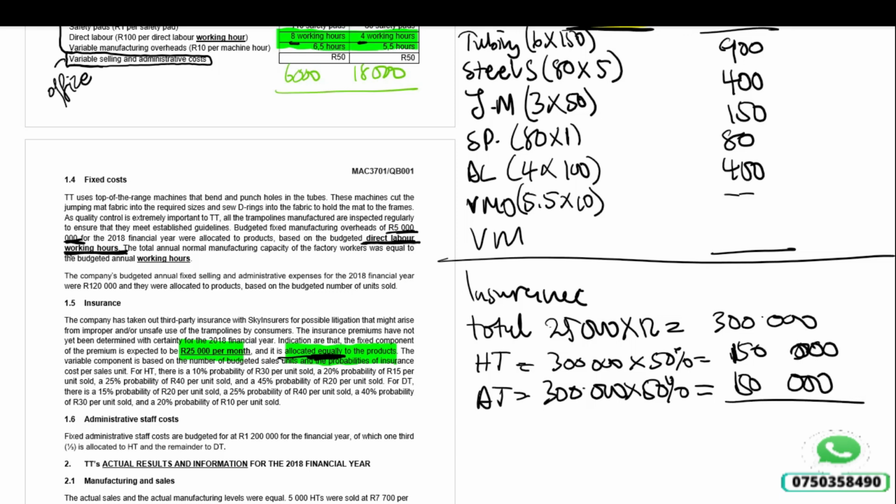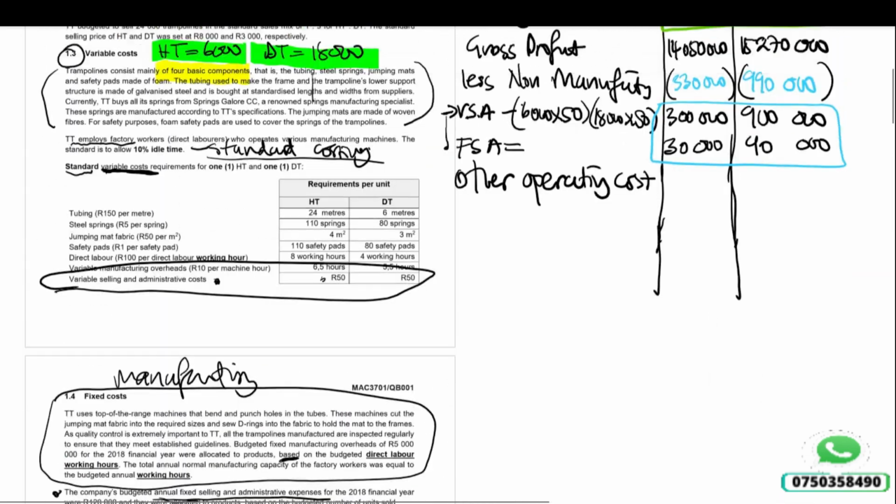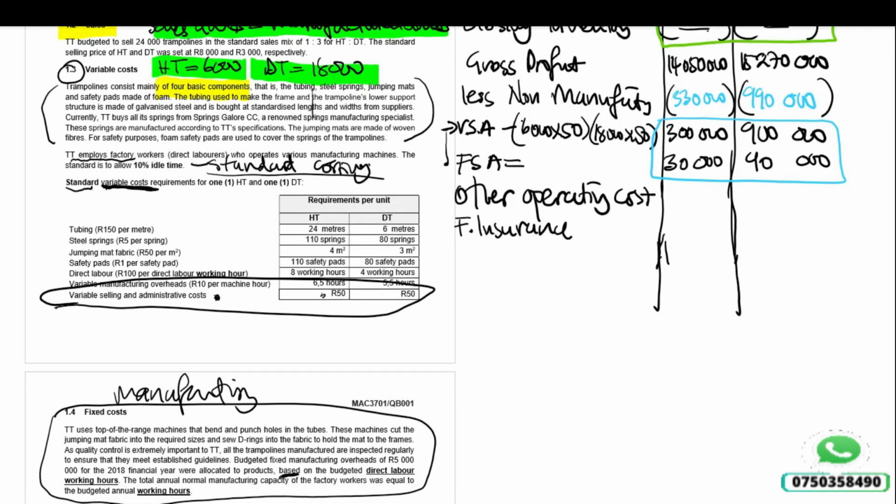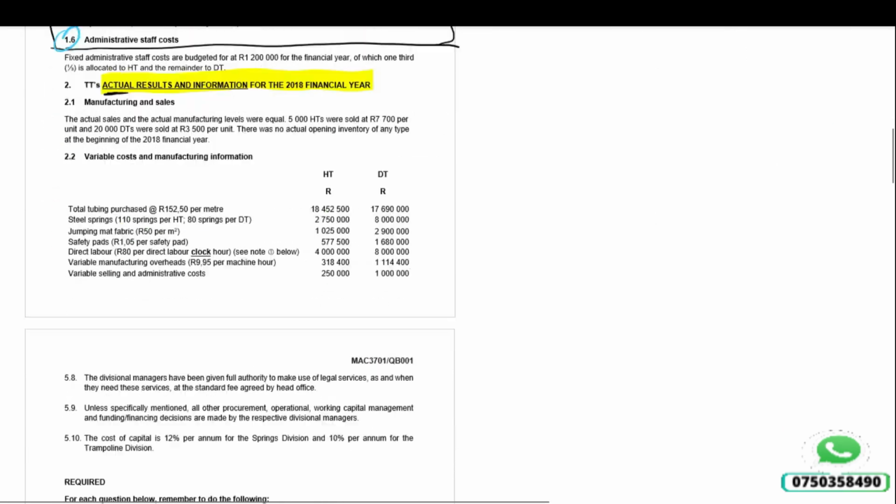So I can bring it to the statement: insurance cost, fixed insurance, 150,000 and 150,000 as well for the 2 products.